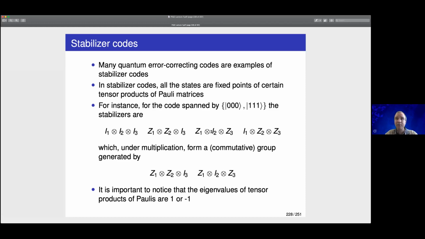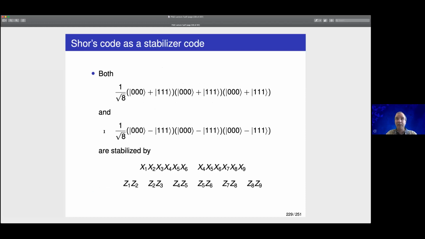And combining all these ideas, we can extend the number of operations or the definition of the code by studying which products of Pauli operations fix all the words that we are using in order to encode the logical qubits, okay? And that is what is called the stabilizer group of the code.